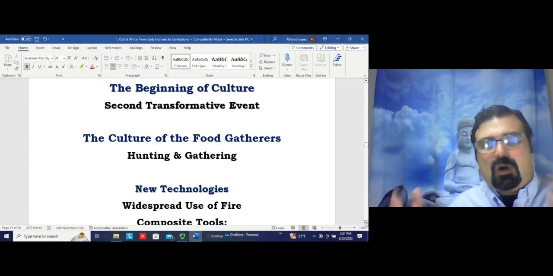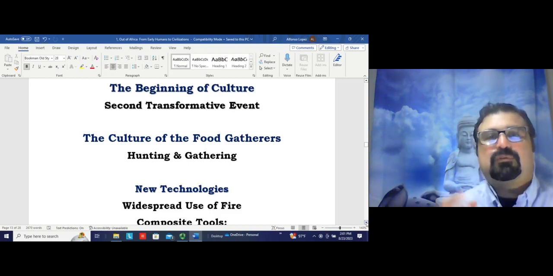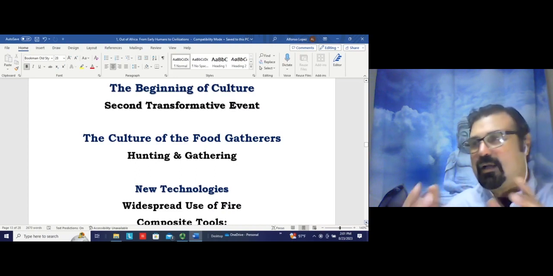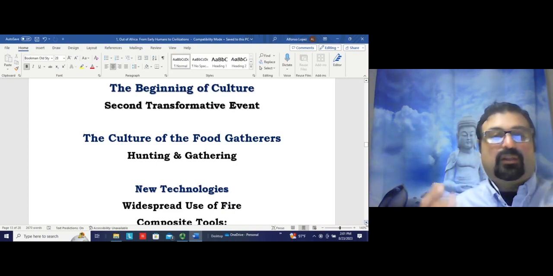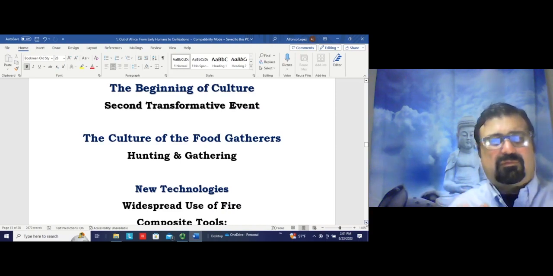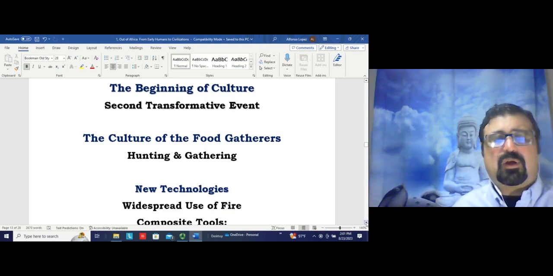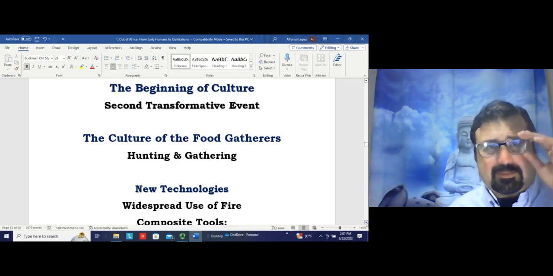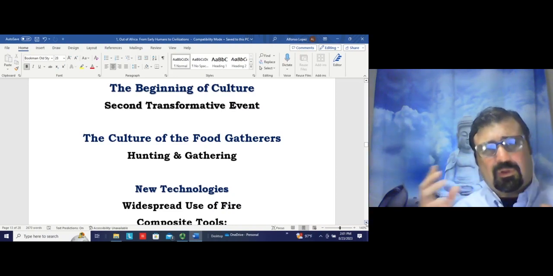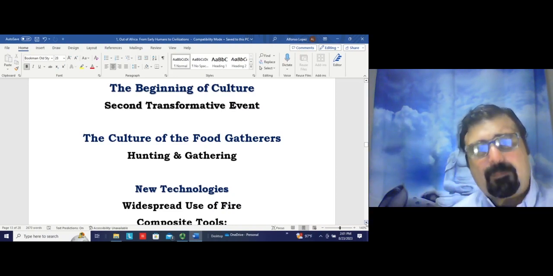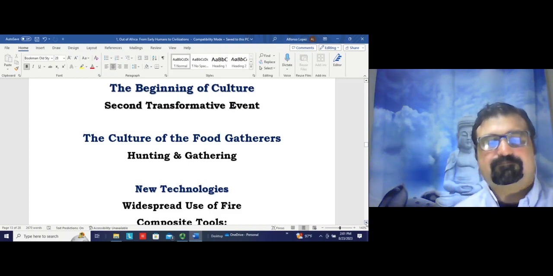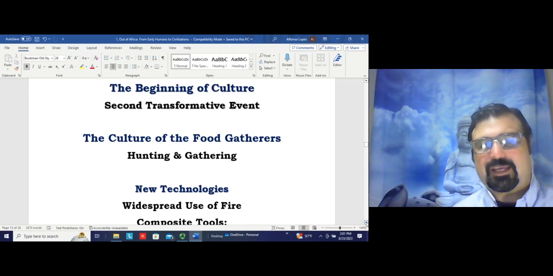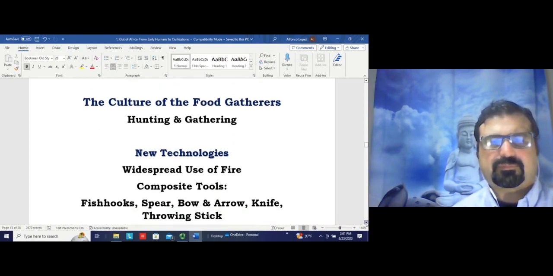And now, what human beings are doing is they're coming together to form some kind of society. In the very beginning, as we'll see, those societies were rather small and very simple. But the idea is that people are now coming together, they're cooperating with one another in order to gather food, first and foremost. Again, this is extremely important.